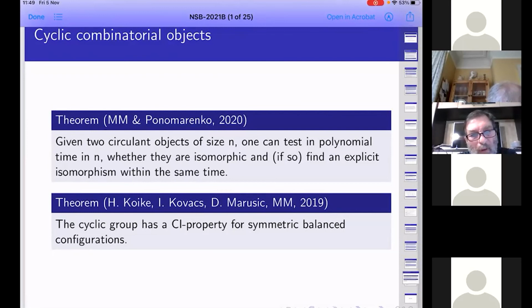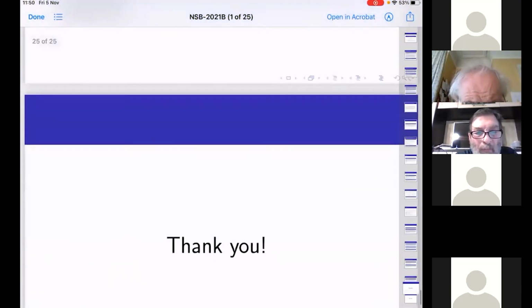Every hyperedge contains the same number of points. Every 2 points are contained in at most one hyperedge, and every 2 hyperedges intersect in at most 1 point. If we take those combinatorial structures, and they do exist, it's not an empty set, then for these structures the Adam conjecture is true, as it was conjectured by Adam. So thank you for your patience.